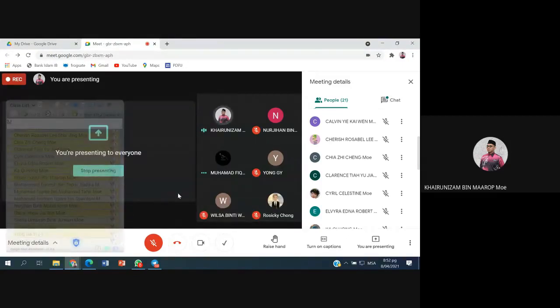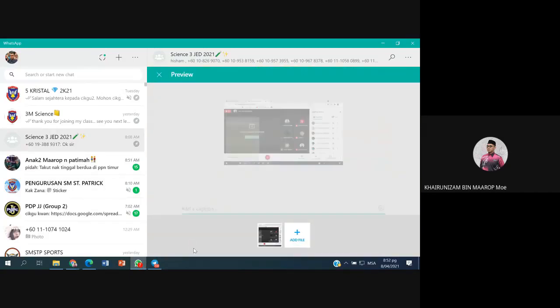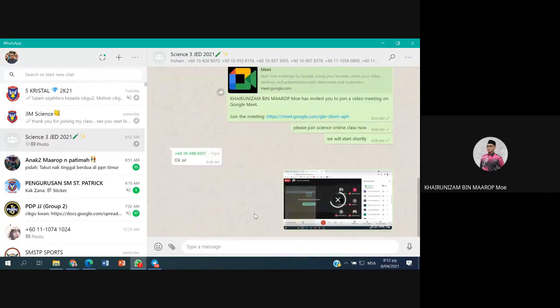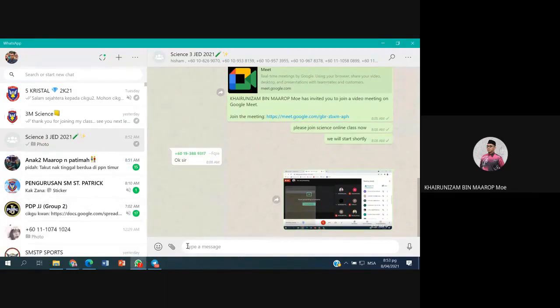Jangan marah. Itulah lain kali kalau cikgu tanya respon lah. Ini diam je. Okay. Mana sudah?